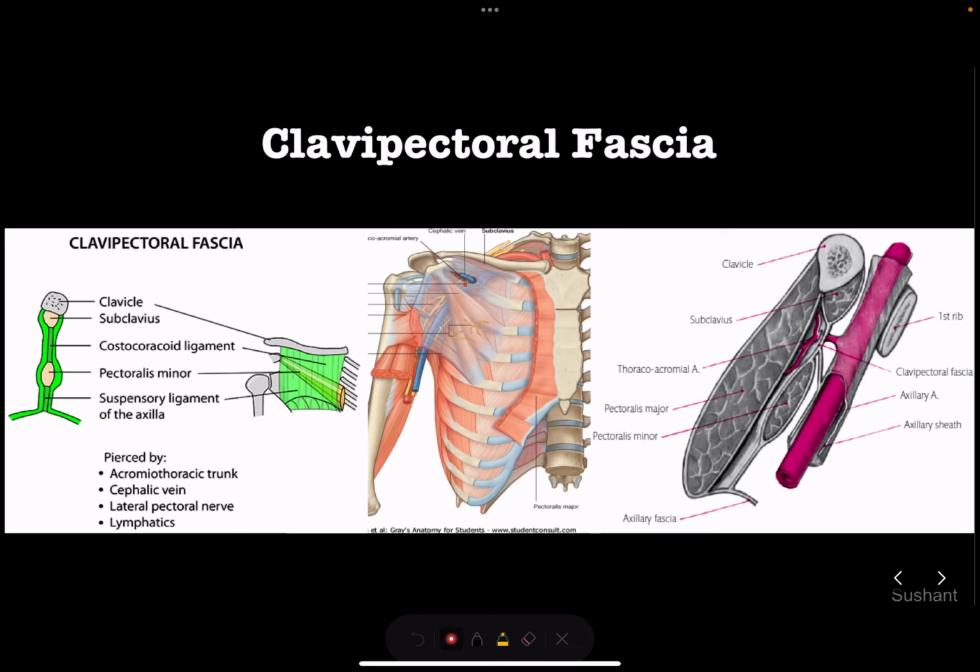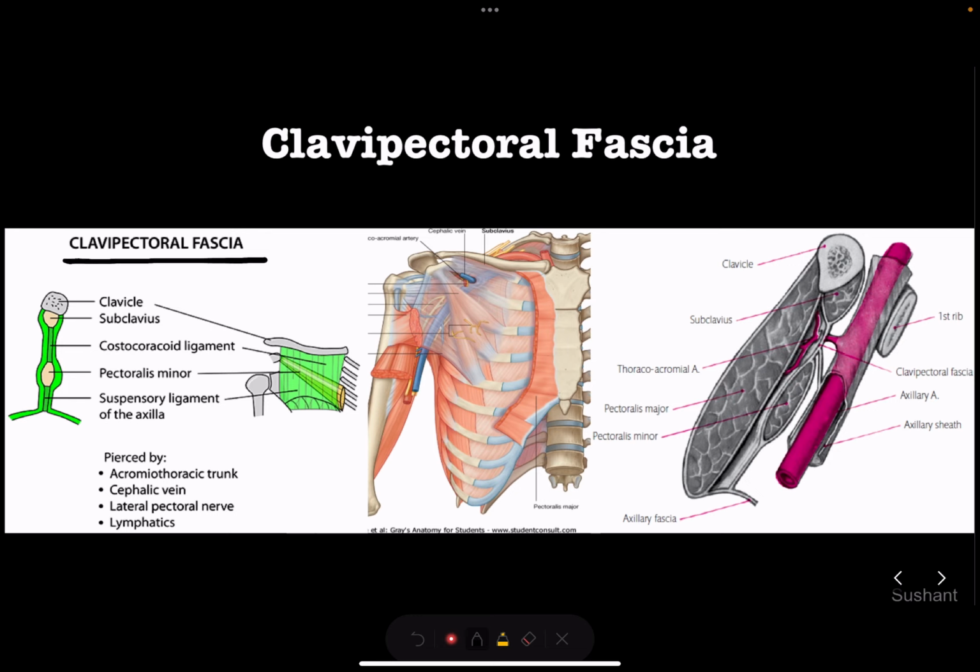Now, another important structure that we find in the pectoral region is the clavipectoral fascia, right? This clavipectoral fascia is a strong sheet of fascia.